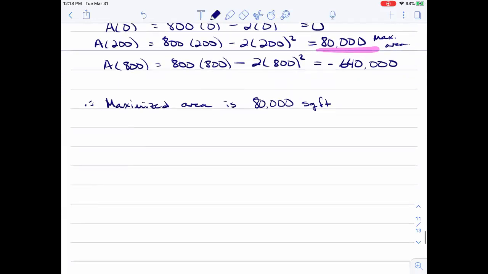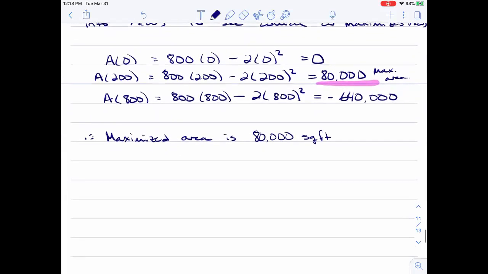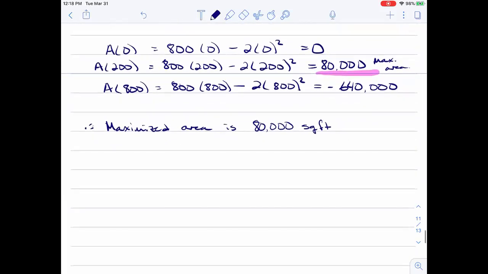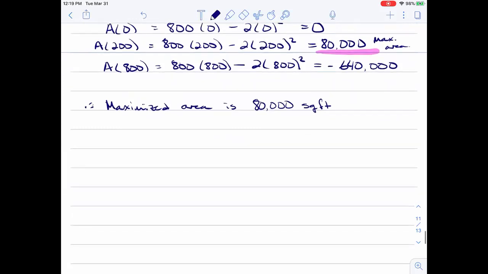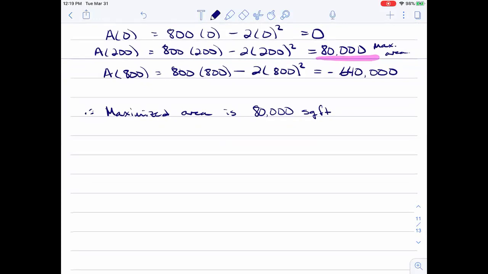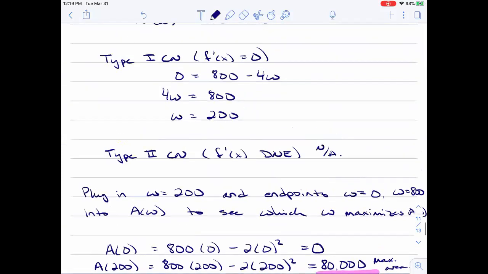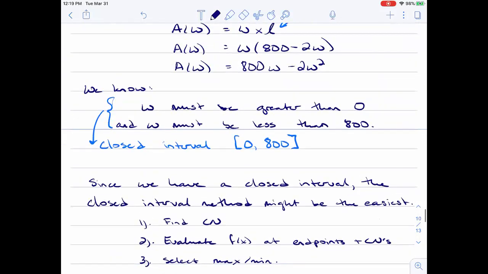And just to finish this problem, I'll show you how to do it with the first derivative test as well. But so we had to find the dimensions. When W is 200, what we said earlier was that we found the length.